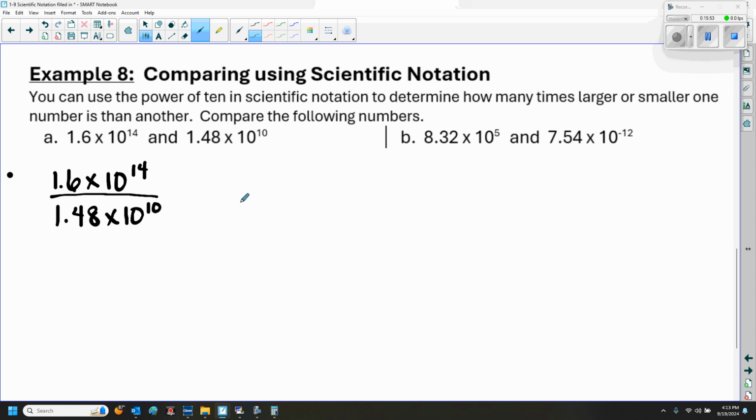Now all you have to do is use your calculator to put it in. And we know how to put it in the calculator, so this is what it looks like when we put it in the calculator.